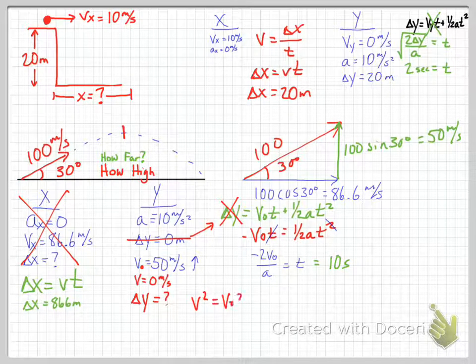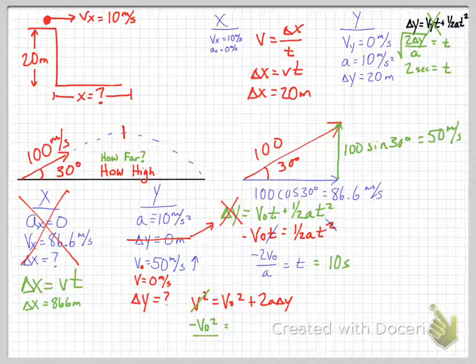So we use v squared equals v naught squared plus 2a change in y. V squared, since it's 0, you square 0, it's nothing, and we can get rid of it and move the v naught squared to the other side. So we have negative v naught squared divided by 2a is going to equal the change in y. The thing about this, that negative applies to the v naught squared after the fact.